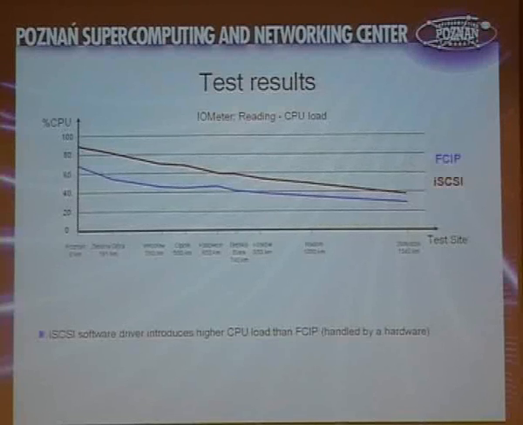Here you can see the CPU load measured during our test. As expected, the CPU load for the iSCSI protocol is higher than the CPU load for fiber channel over IP transmission. It happens because during our test, an iSCSI software driver was used.